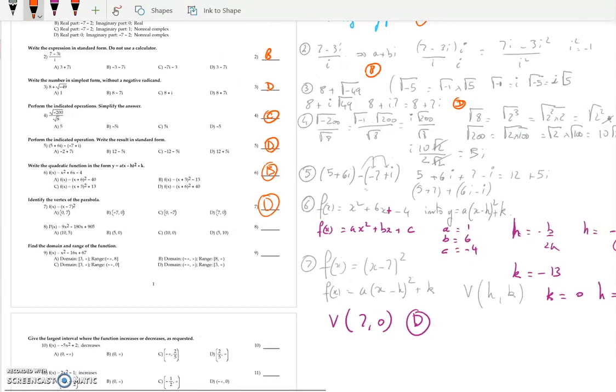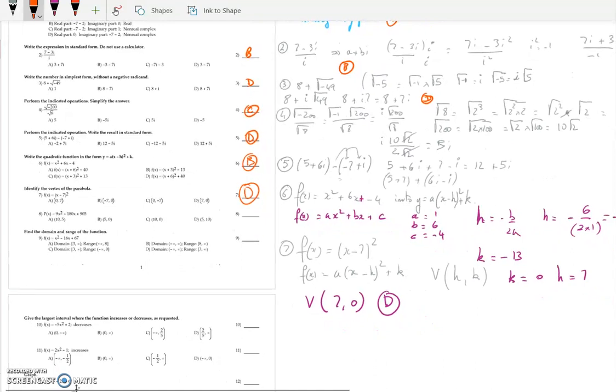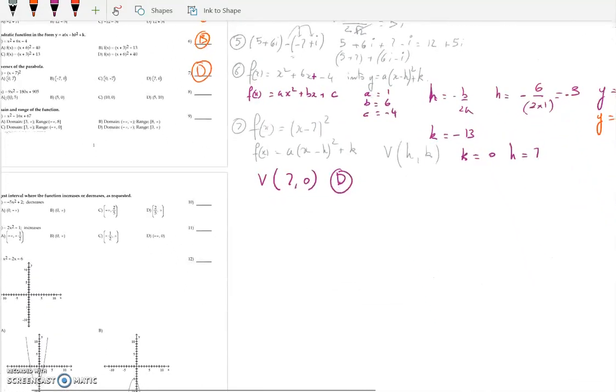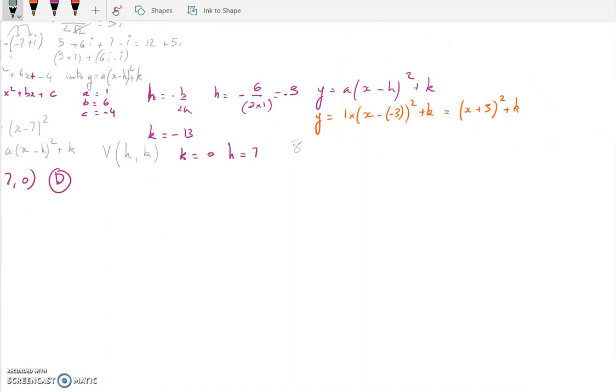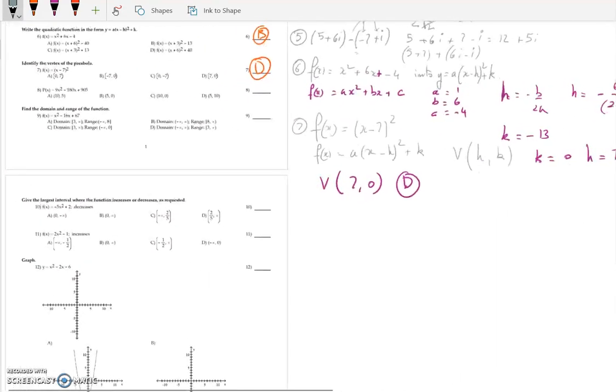Let's take a look at the expression P of x for question number 8. Let me do question number 8 on the side right there. On question number 8, what do we have?